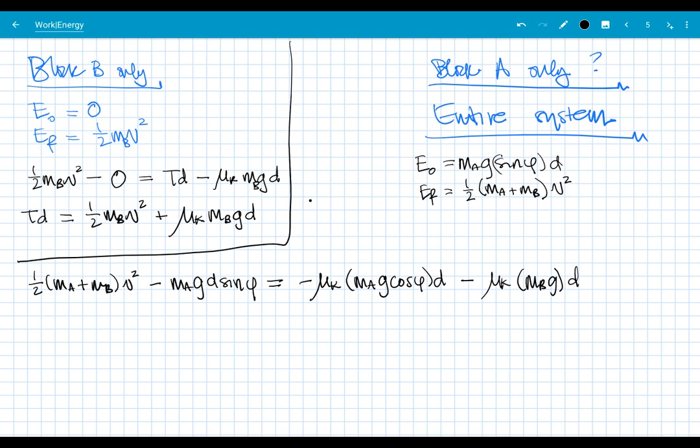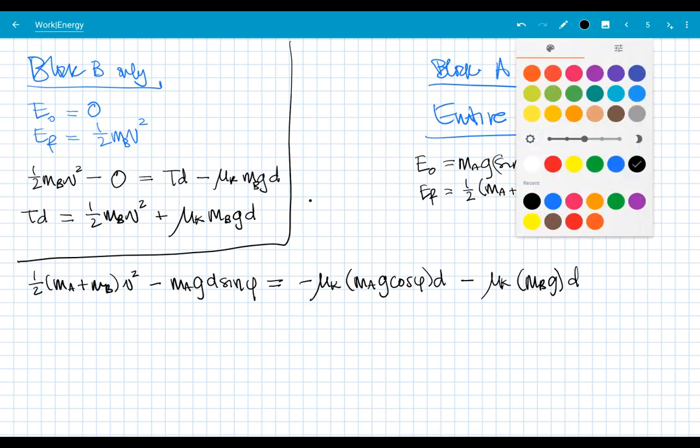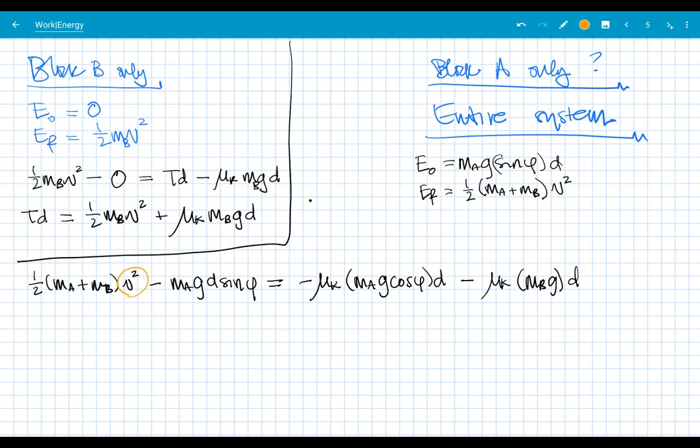And the reason I'm going through this and showing you is that there's now no tension anywhere in this expression. So I see here that my one unknown quantity in this expression is V, right? The masses are known. Oh, no, d is not known, but I'm just going to really hope that the d goes away, right?